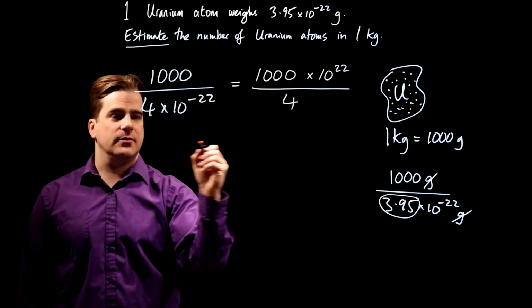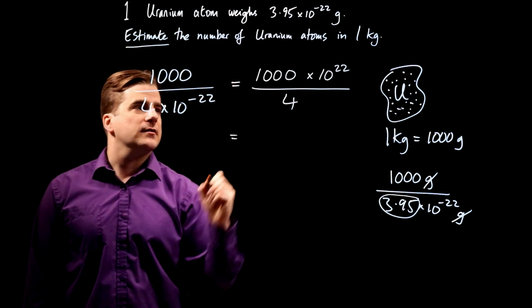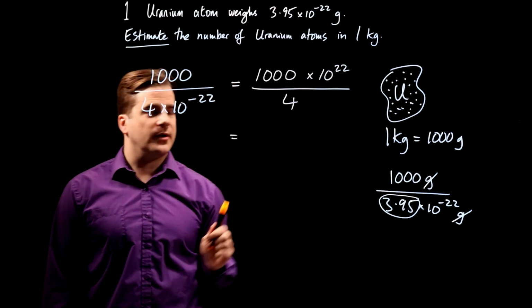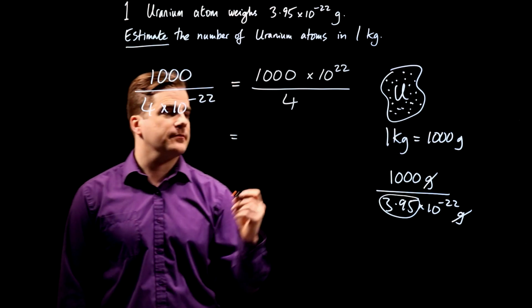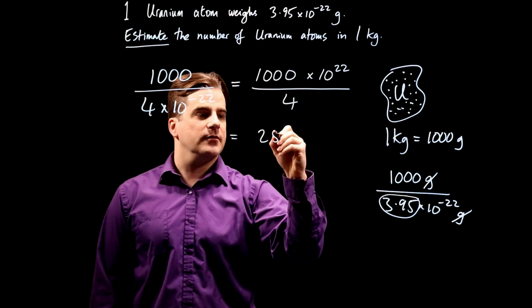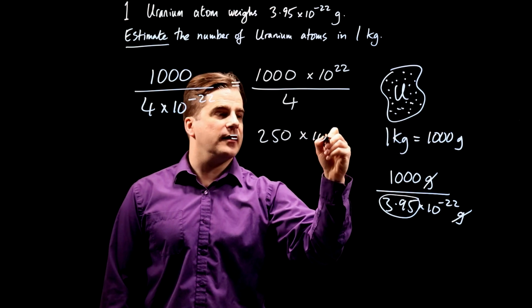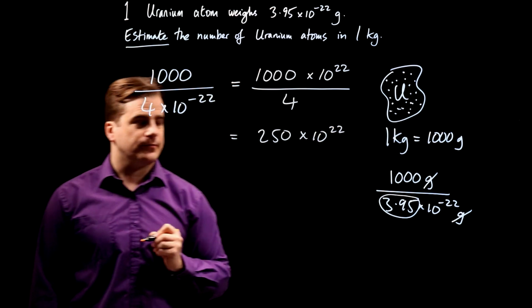Next, we leave the 10 to the 22 alone, and we've got 1,000 divided by 4, which is 250. So that's the same as 250 times 10 to the 22.